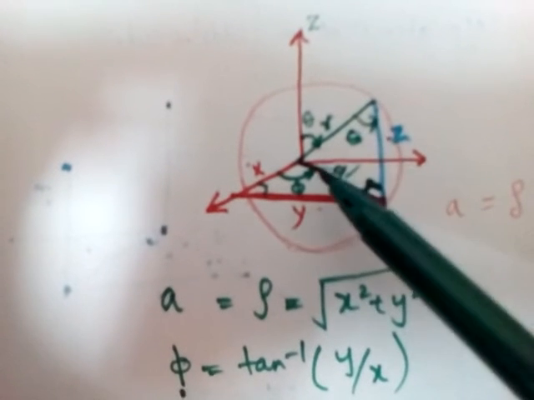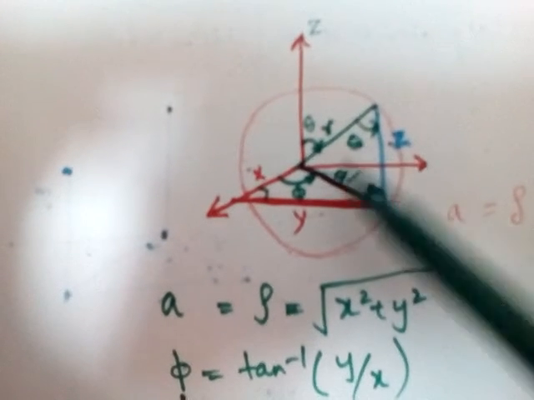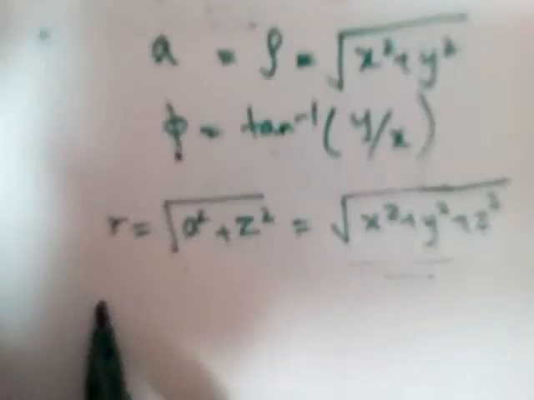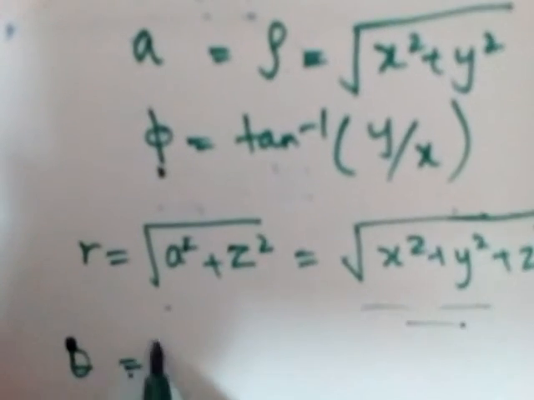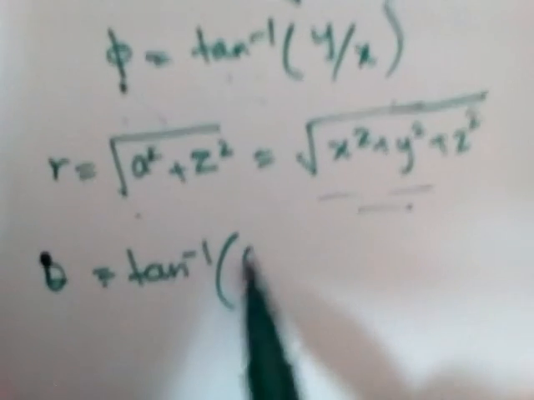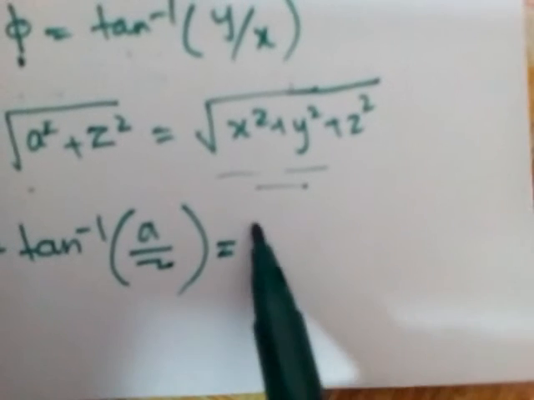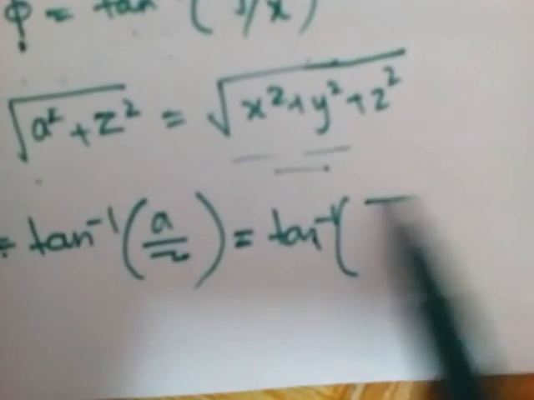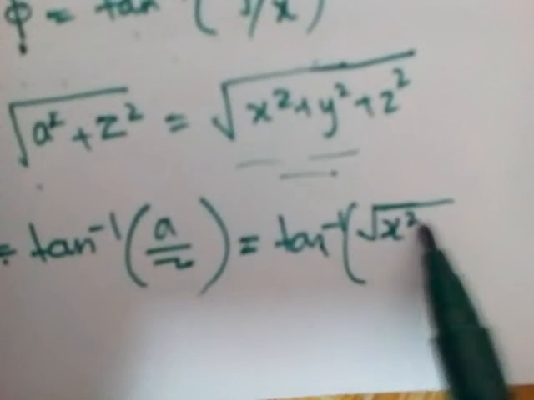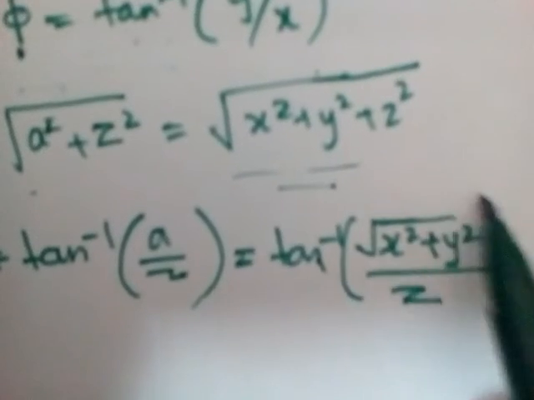Theta is equal to opposite by adjacent, tan inverse a by z. So theta is equal to tan inverse a by z. Now, tan inverse of under root x squared plus y squared by z.